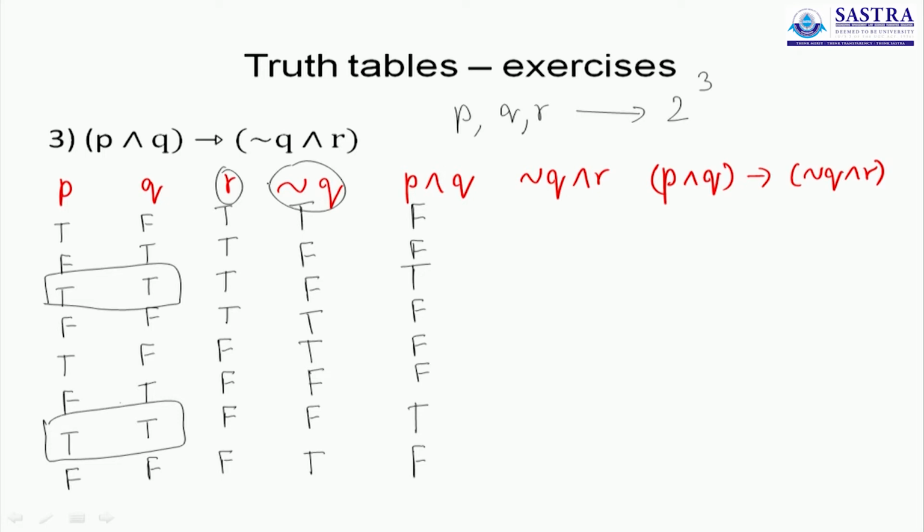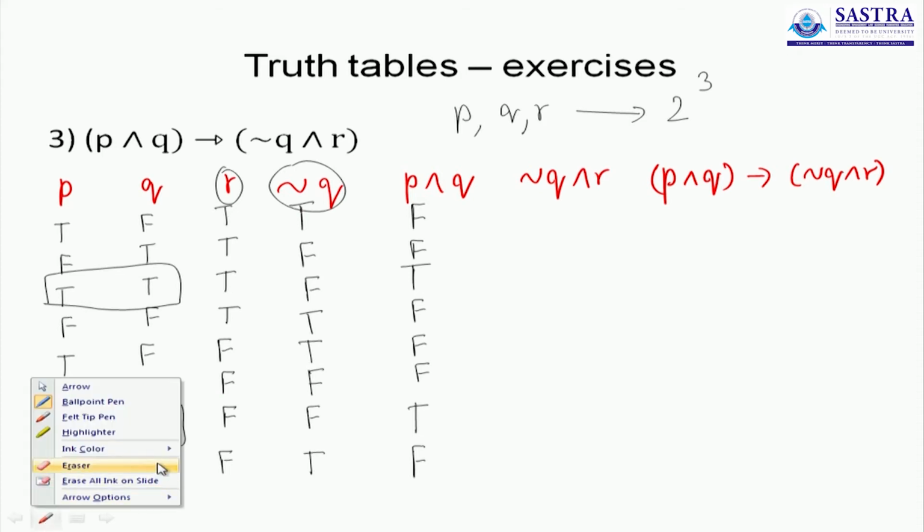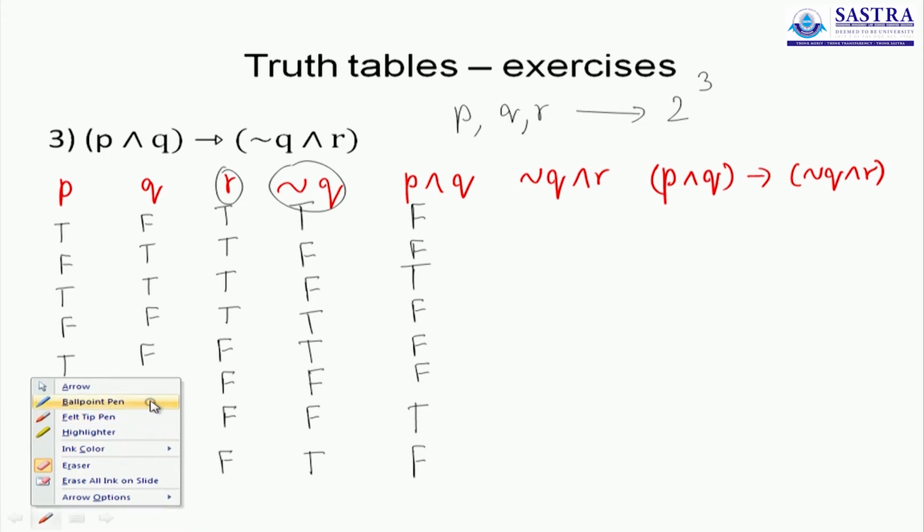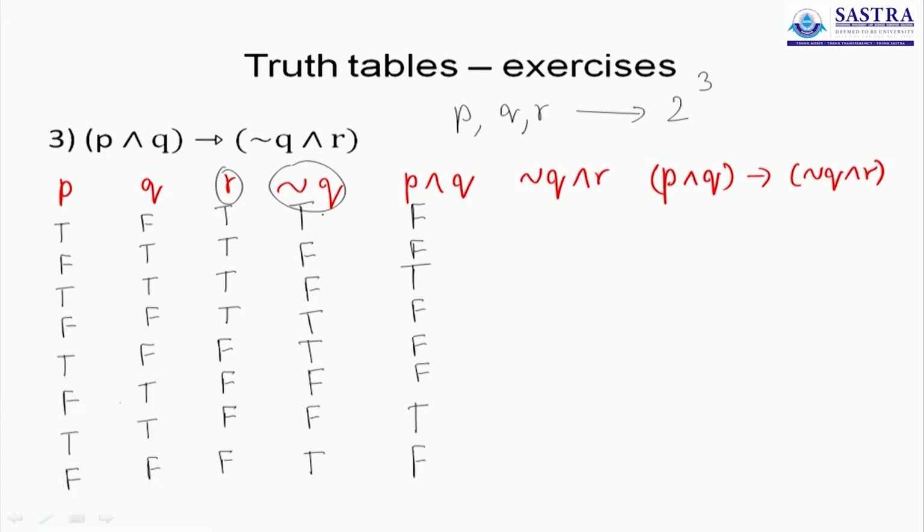So do we have a situation where both negation Q and R take up true values simultaneously? If that's the case, then the conjunction will also be true. Only in those instances it will be true, and false in all other instances. Now you can see that that is actually possible. Now look at rows. Let's delete the other markings. Look at row number 1.